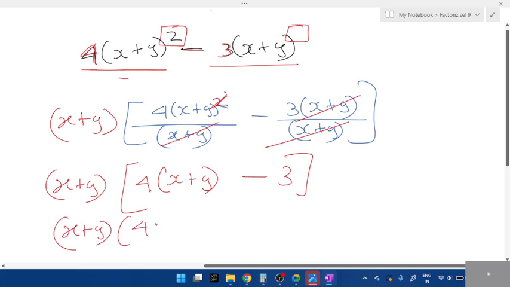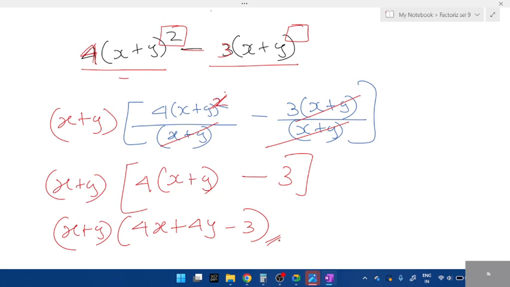What is 4 into x? 4x plus 4y minus 3. Make a note.